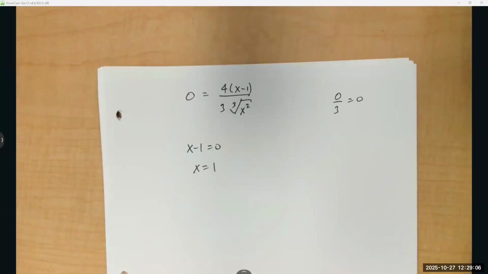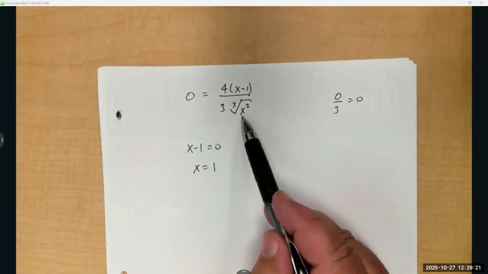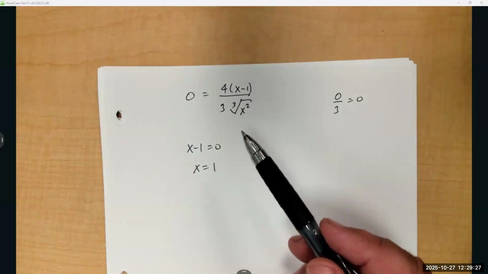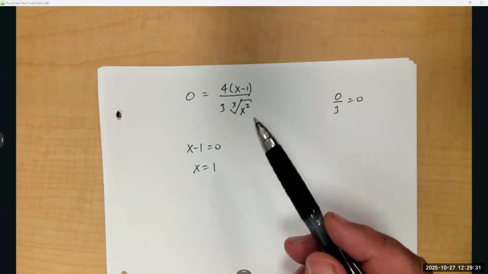Is there a value we cannot use? A value that makes the numerator or the denominator 0. What would happen there? If we did that, what would happen? It would become undefined.